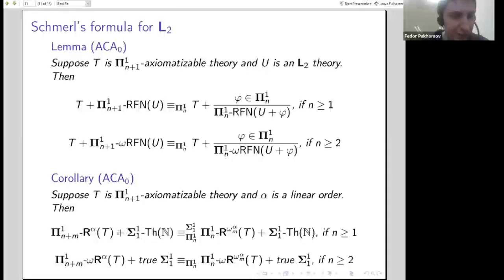What I wanted to say is that this is done over the assumption of all true Σ1-1 sentences. I think there's some typo. In all these formulas, what I actually wanted is to add all true Σ1-1 sentences to both sides of the equations and have Π1n conservation. The upper index should not be there.